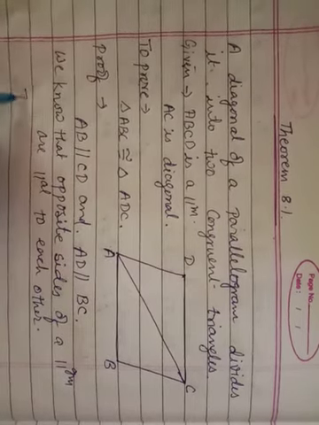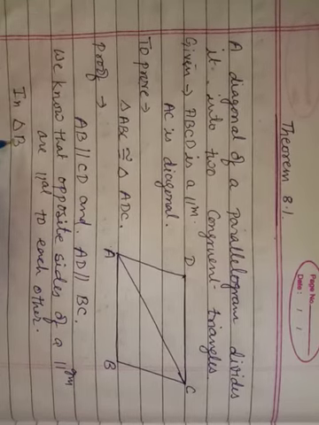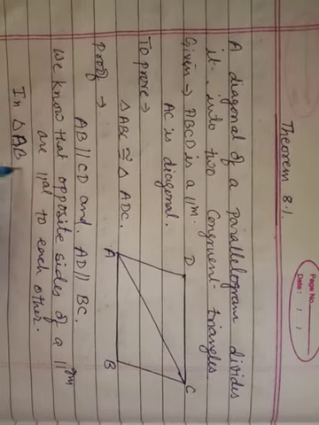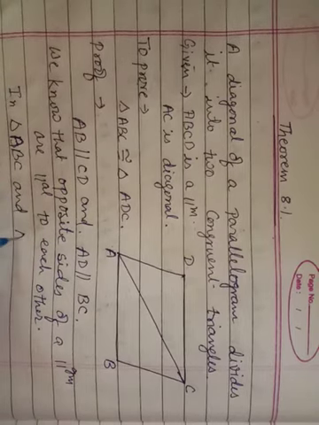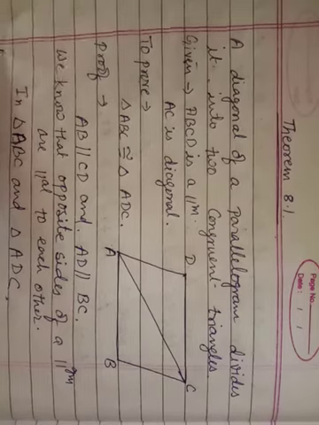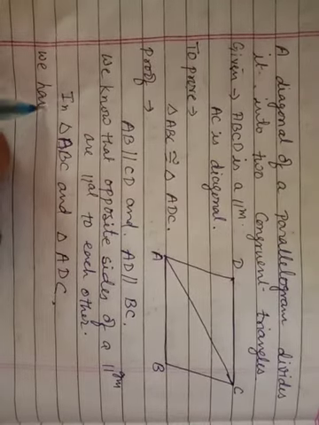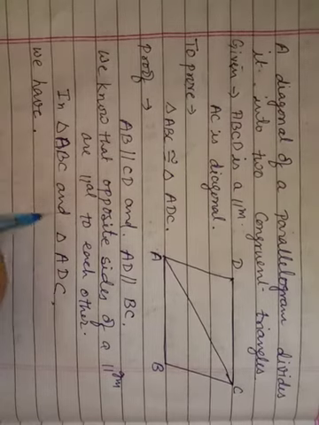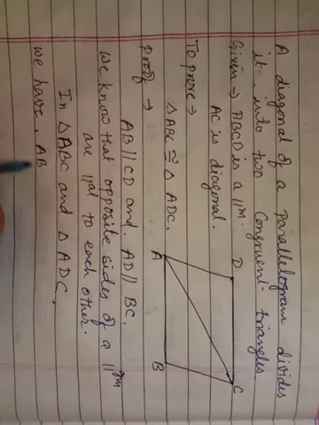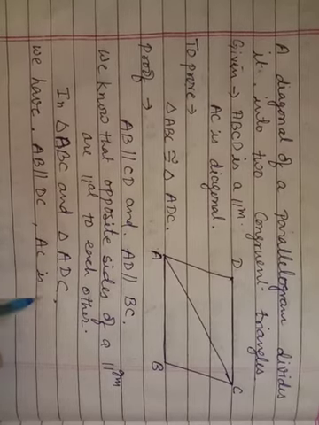Now you see in triangle ABC and triangle ADC, we have AB parallel to DC and AC is the transversal.